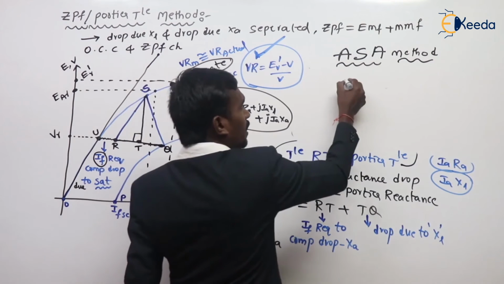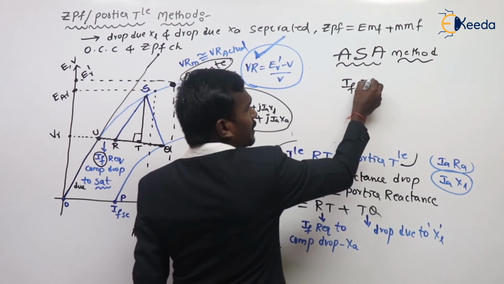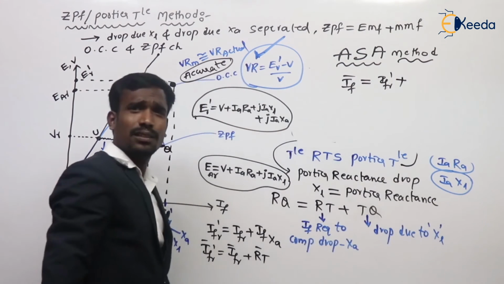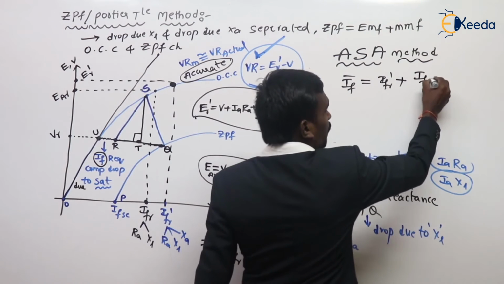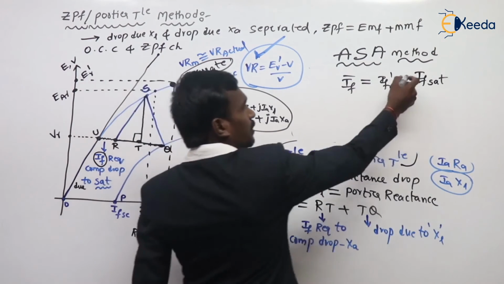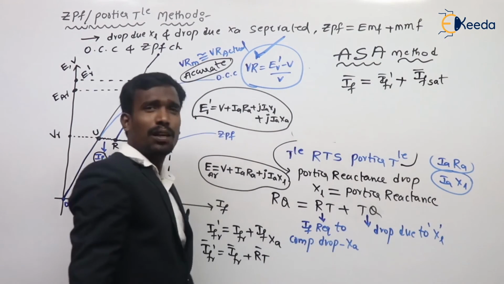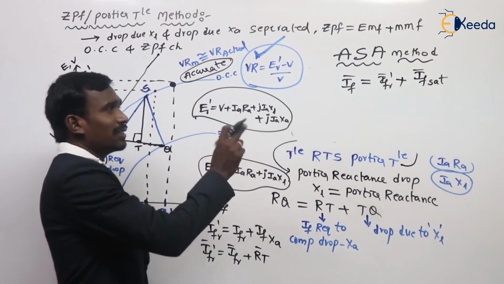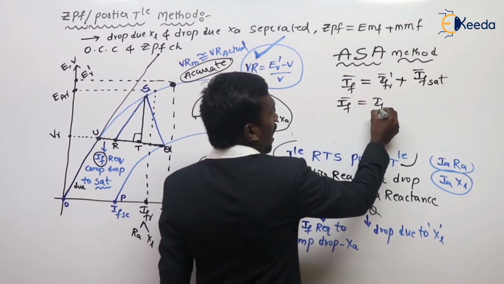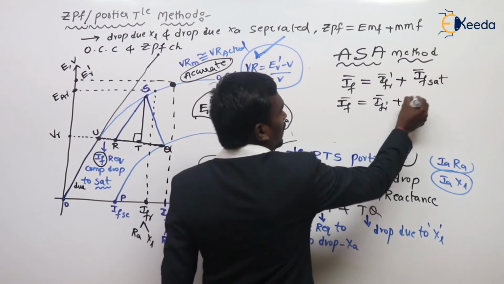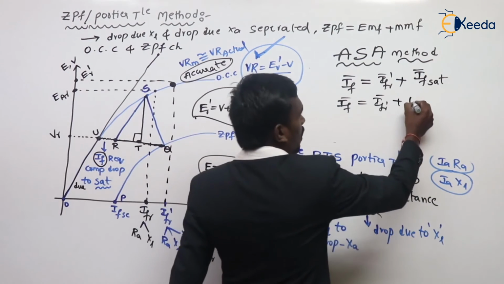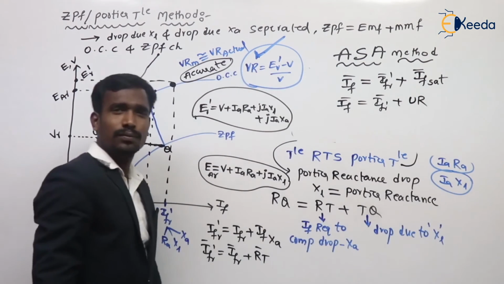In this method, IF equals IFR dash plus the field current required to compensate the drop due to saturation, nothing but the vector sum of this field current and the saturation field current. So IF equals IFR dash plus the saturation field current.